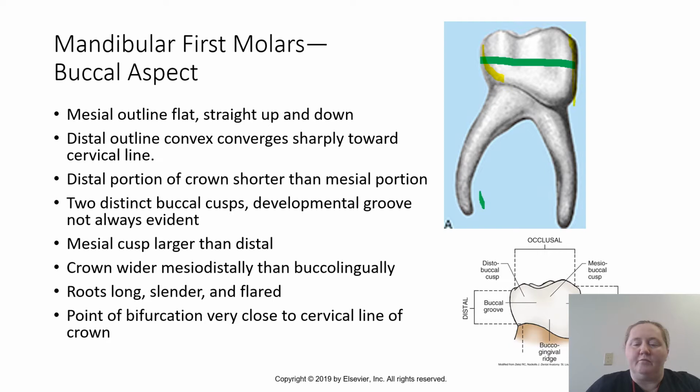Again, it's just so that that premolar can fit in here and help with resorbing these roots, okay? Point of bifurcation is very close to the cervical line. You can see that here. Not much of a root trunk. And again, that's just because it gives it more to resorb, right?